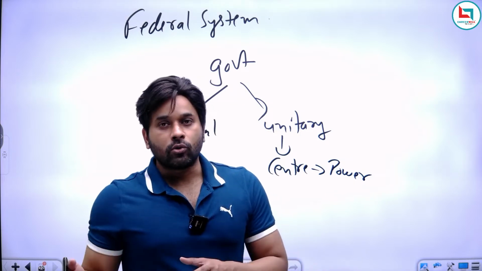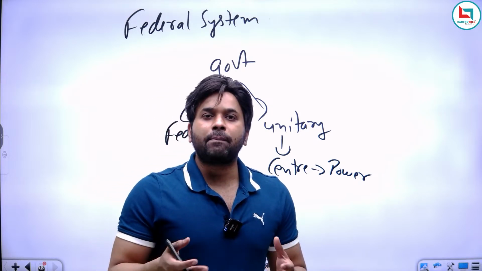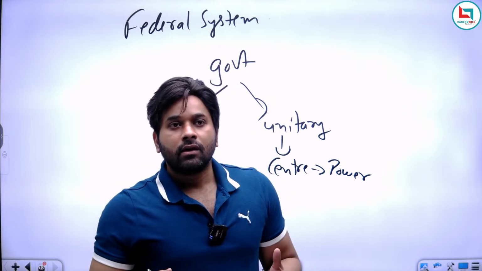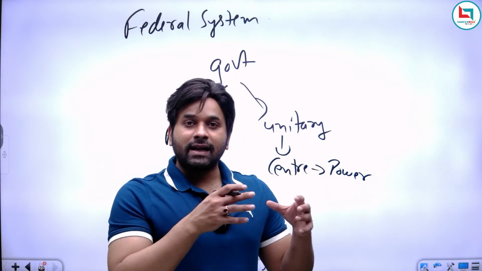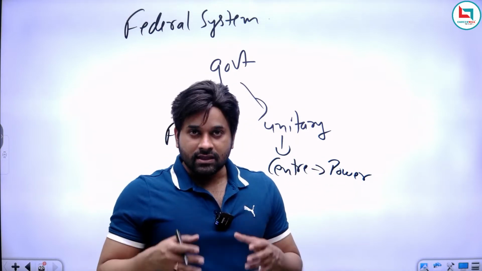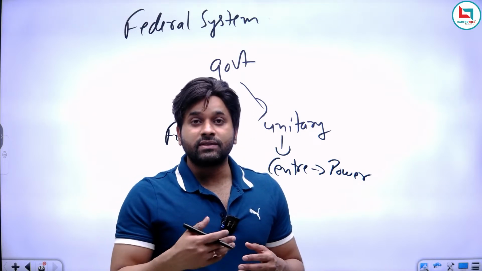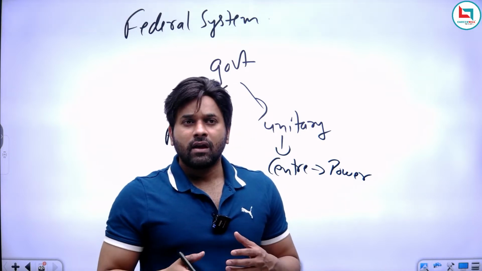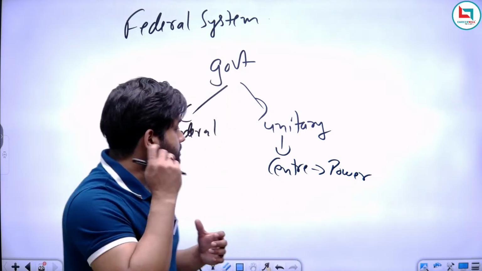Suppose tomorrow center snatches all the power from the state, then the states are powerless. So even in a unitary system, state government might exist, but their existence depends on the wish of the center, whether the center wants to give them power or not.